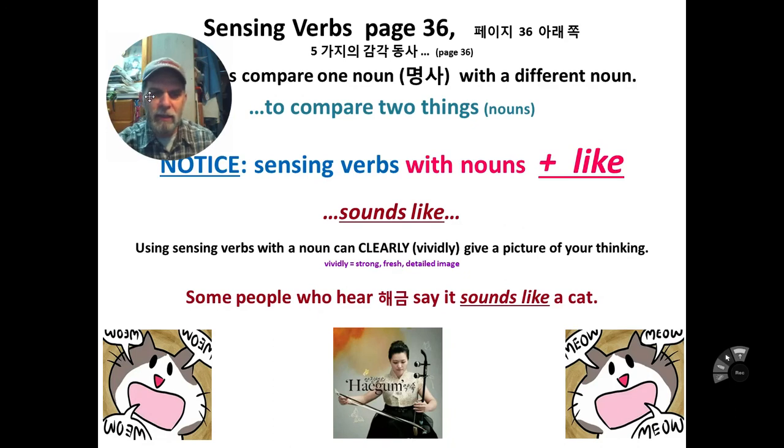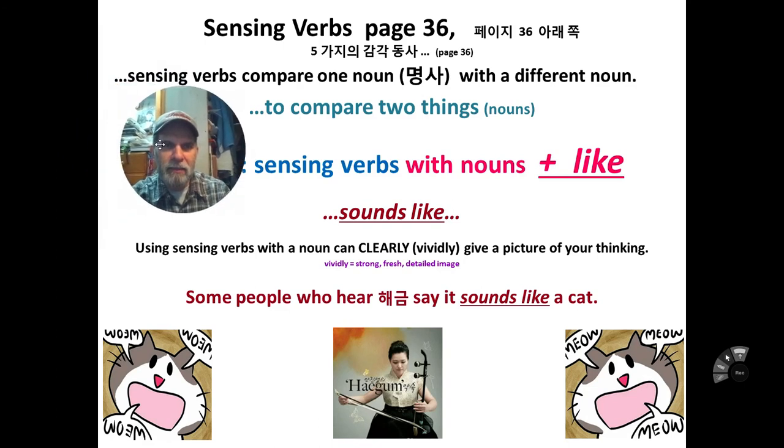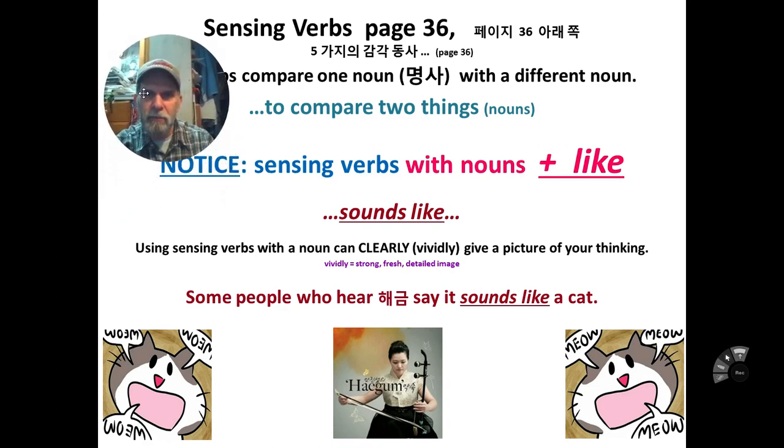Okay. Where are we? Sensing verbs compare one noun, 명사, with a different noun. To compare two things, you're comparing one noun with another noun.